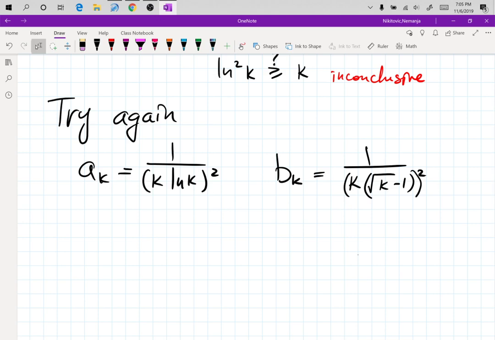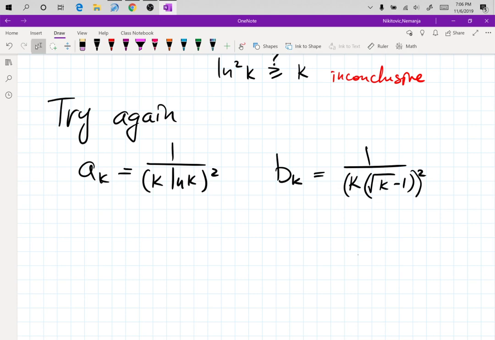Yeah, but it starts at one. And then we have x, x minus 1 to the 0.5, and then everything squared. Okay.